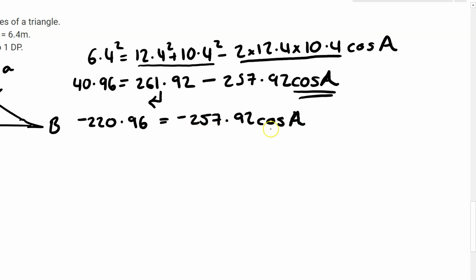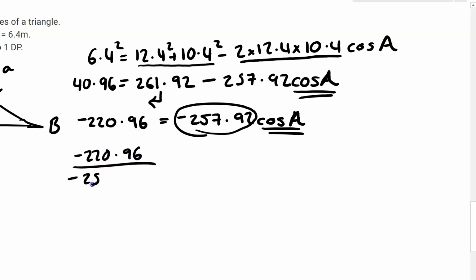Now I leave that cos A there, I need to get rid of this bit. So I'm going to divide by it because it's been multiplied. 220.96 over 257.92. That tells me what cos A is. So what do we get? We get 220.96 over 257.92.